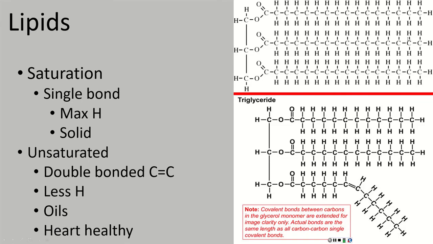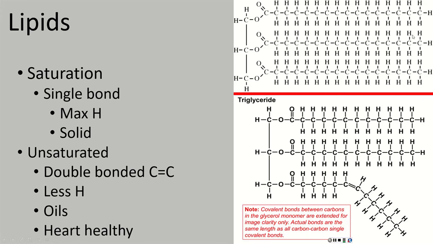and there is as much hydrogen here as we could possibly hold. So saturation in general just means something is holding as much as it can. When we're talking about saturated fats, it's talking about the number of bonds and the number of hydrogens that is attached to the molecule.